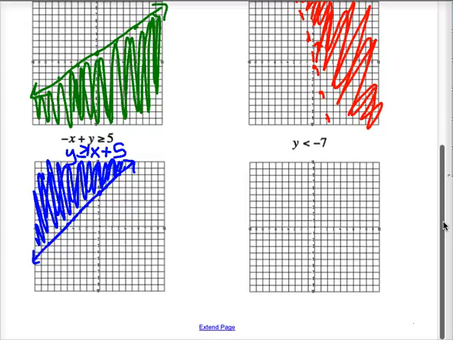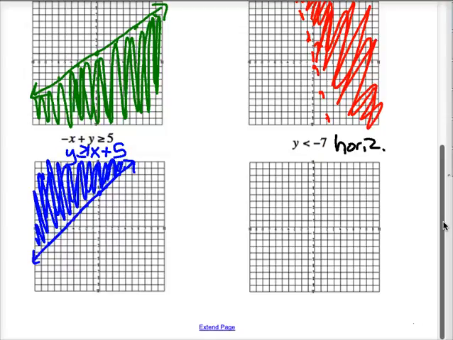Now, we also don't want to forget those special cases. Here, I have y is less than -7. So I just have y and a number. Remember, that means we're talking about a horizontal line. So a horizontal line down at -7. Now I do want you to consider that this is strictly less than.